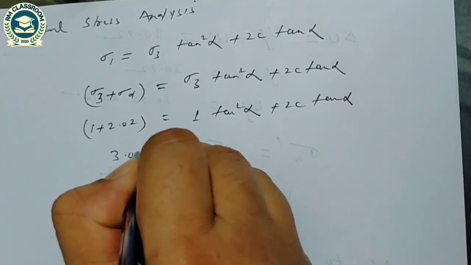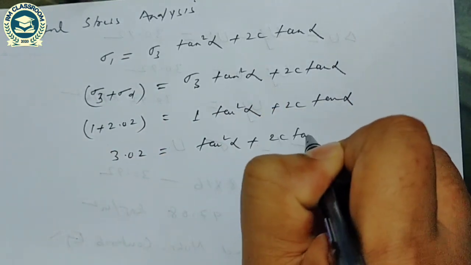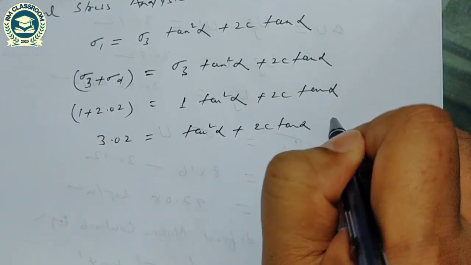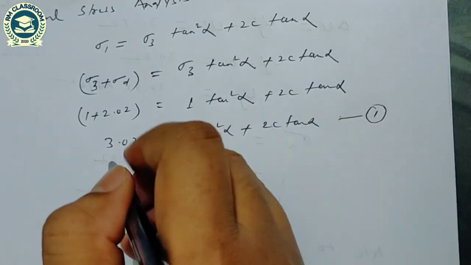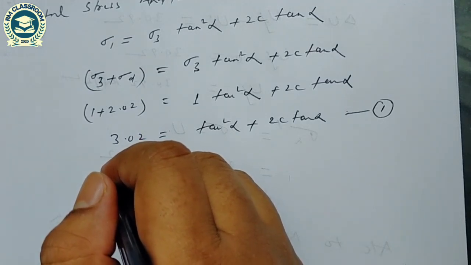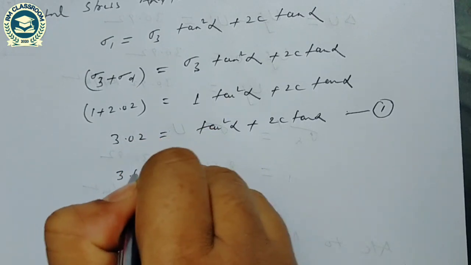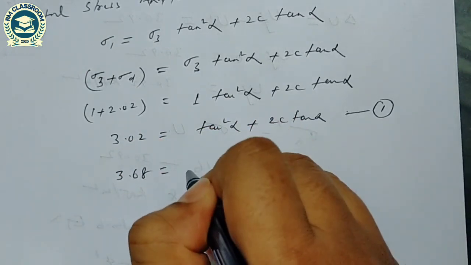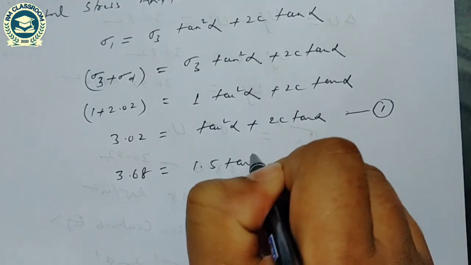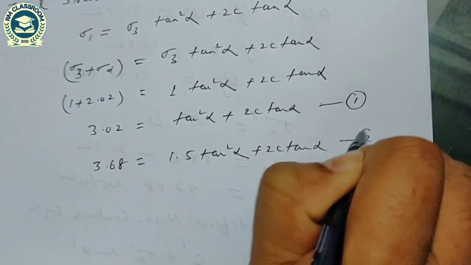So 3.02 is equal to tan square alpha plus 2C tan alpha. Let us assume this is equation first. Similarly, for sample number 2, it can be written as 3.68 is equal to 1.5 times tan square alpha plus 2C tan alpha. This is equation number 2.